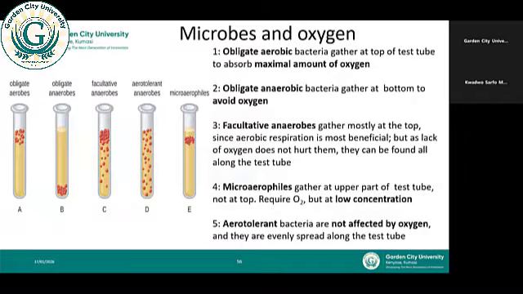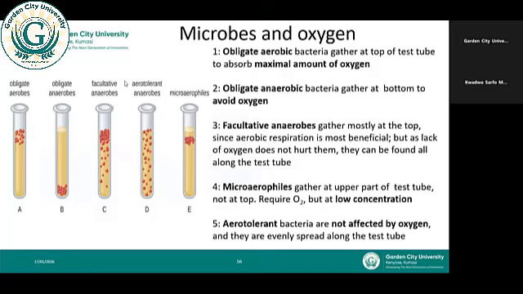So based on this, you can conduct a simple experiment in a test tube with media. The media has the nutrients that they need for their growth. So if you put organisms in these 5 test tubes to see the oxygen requirement, you are likely to have these 5 groups of organisms based on their oxygen requirement.